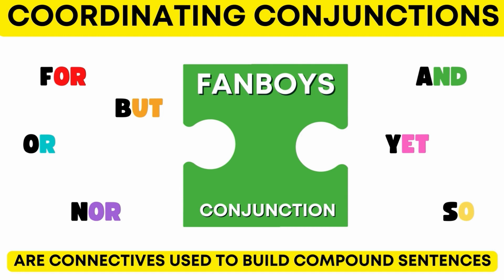This is an acronym here. We've got for, and, nor, but, or, yet, and so. All of these are what we call coordinating conjunctions, which are used solely to build compound sentences.